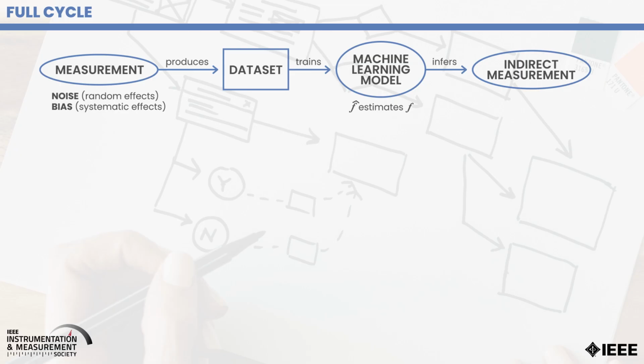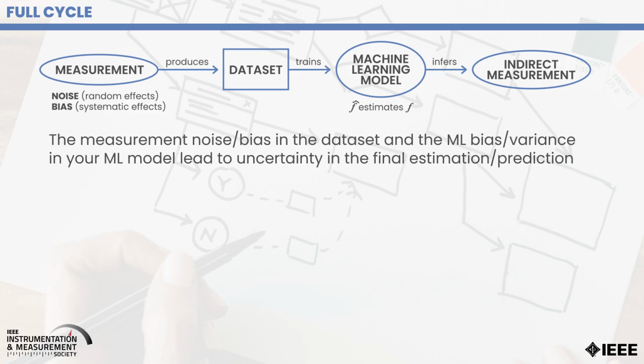So because there are measurements, there is noise and bias in the measurements because they're impacted by the random effects and systematic effects. So already the data set has some uncertainty. Even if we eliminate systematic effect as much as possible, which we are required to do by the standard, there is at least the random effects, which we cannot always completely eliminate. So the data set already contains some uncertainty.